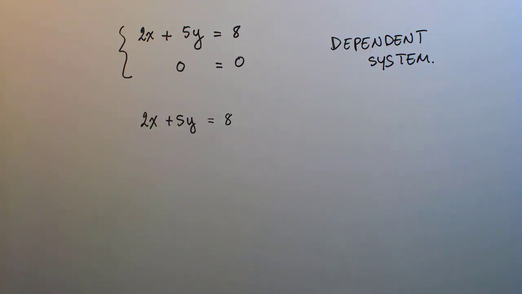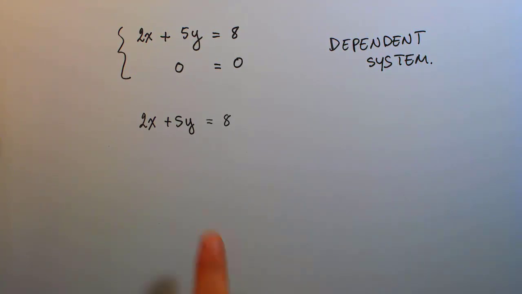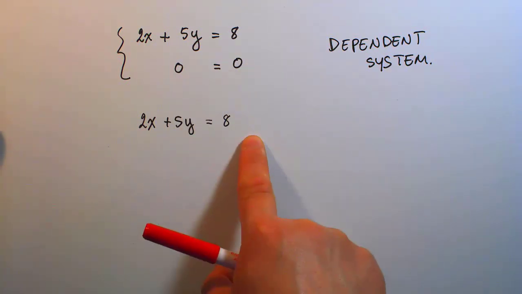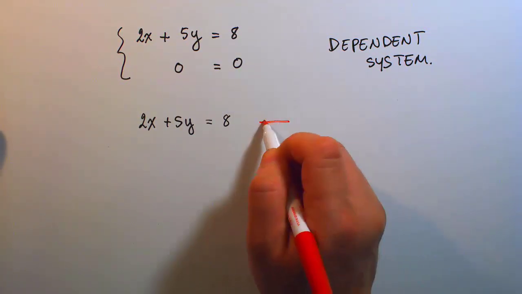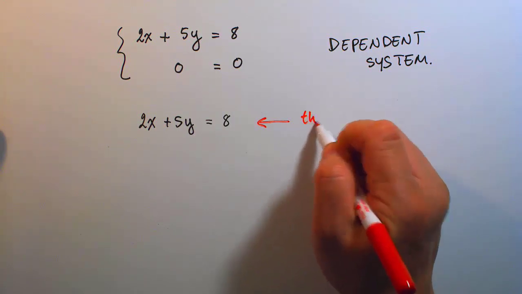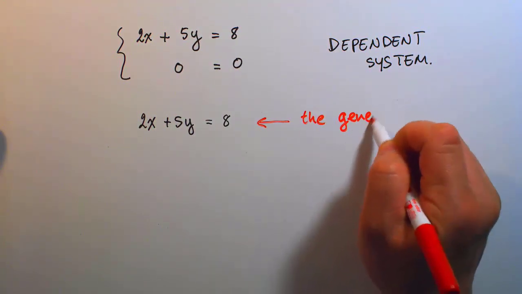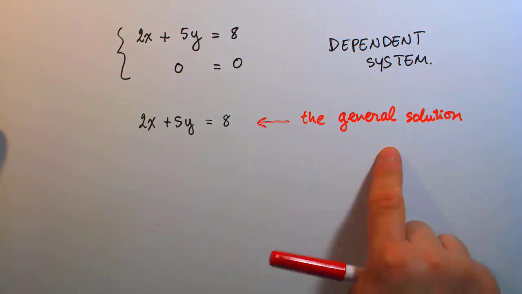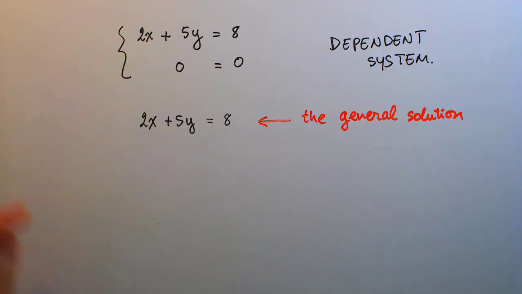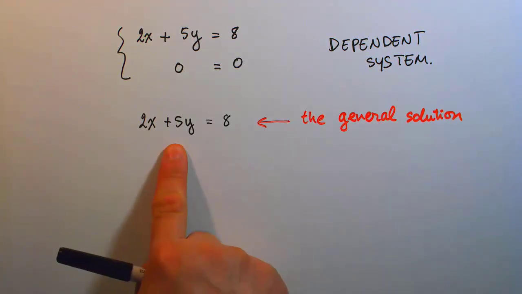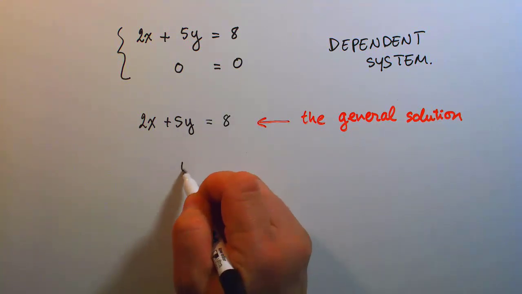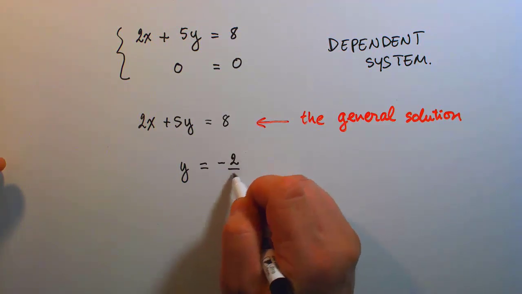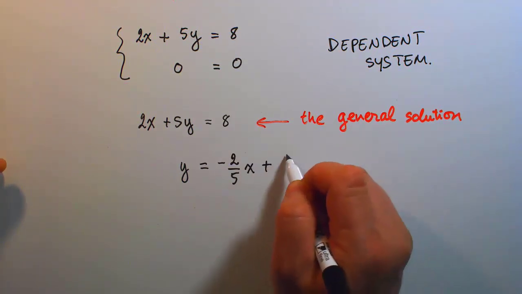Looking back at what I said earlier, when we reduced our system to only one equation, this final equation was already referred to as the general solution to this dependent system. What we did further was re-express this general solution in one form, y equals minus 2/5 x plus 8/5.